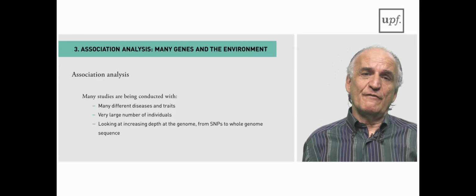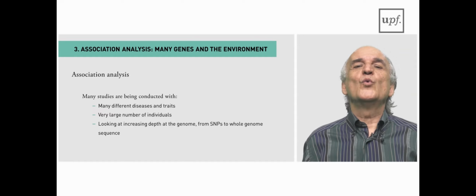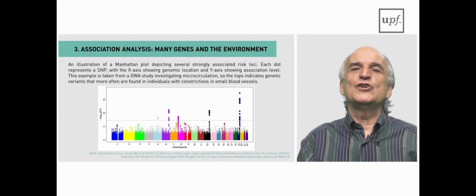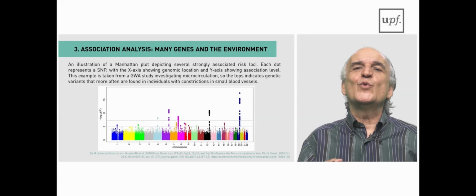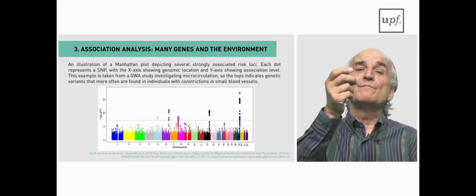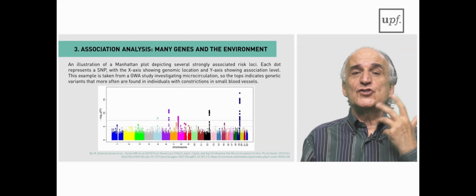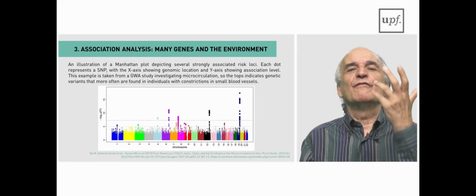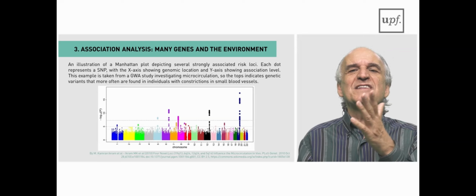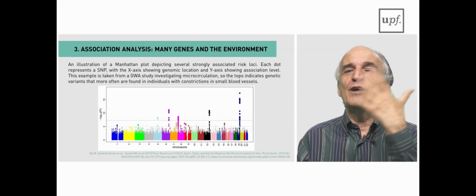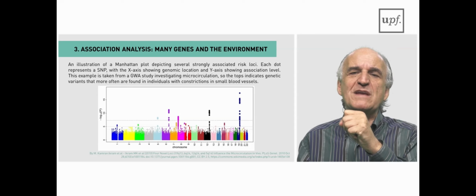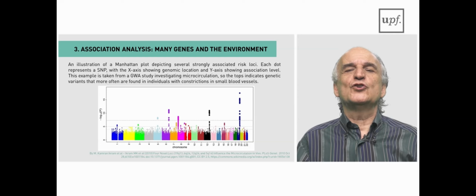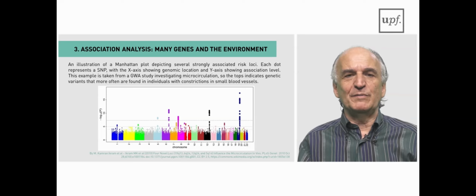Then we have lots of statistics, and at the very end we end up with a plot in which we can see the whole genome, and in some places we see peaks in which we see something unexpected, in the sense that the frequency of these variants is much higher in one of the populations, let's say in the population of patients, meaning that it is very likely that in these portions of the genome there will be genes of susceptibility.